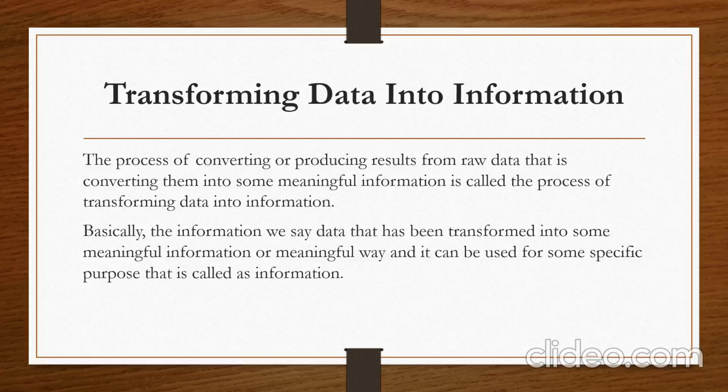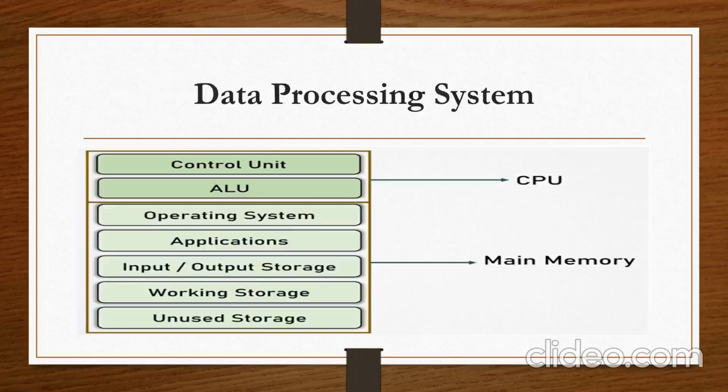Then at the end we see the output. That process is what we call data transformation, or the process of converting or producing results from raw data that is input into the computer and converting it into meaningful information.